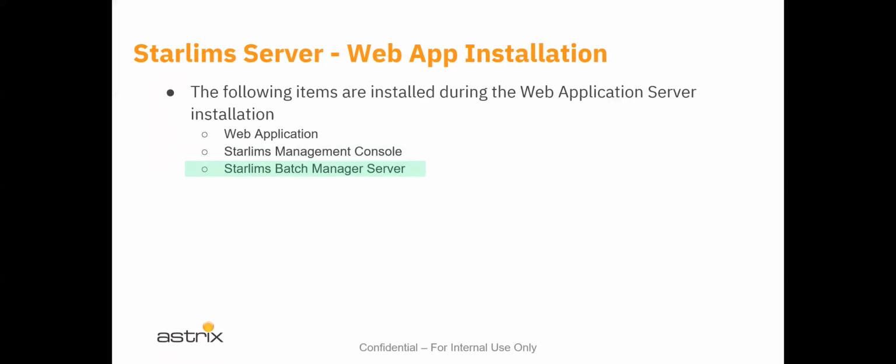STARLIMS Batch Manager service. We haven't talked a lot about batch managers and those servers, but what they do is enable, for example, a STARLIMS sample to be received at the lab and the accession is started.